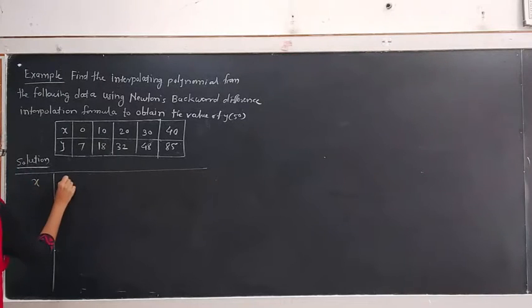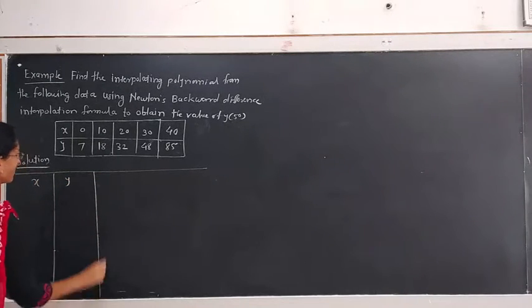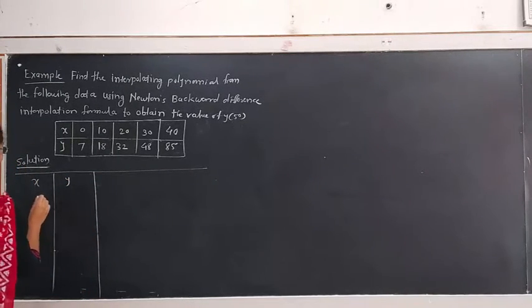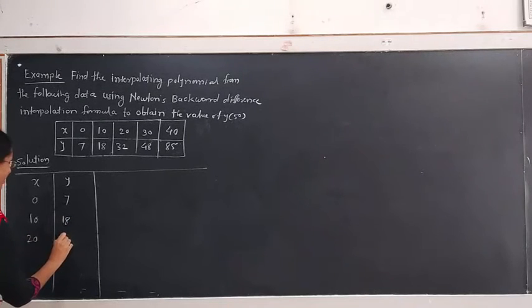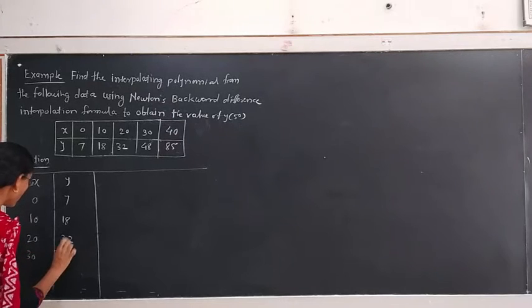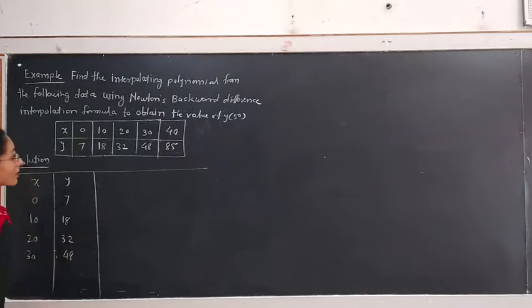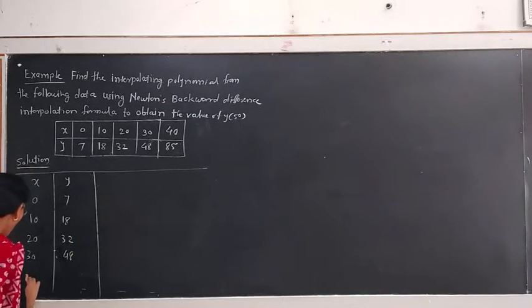Values of x and y are in the first column. The x values are 0, 10, 20, 30, 40, and the y values are 7, 18, 32, 48, 85.